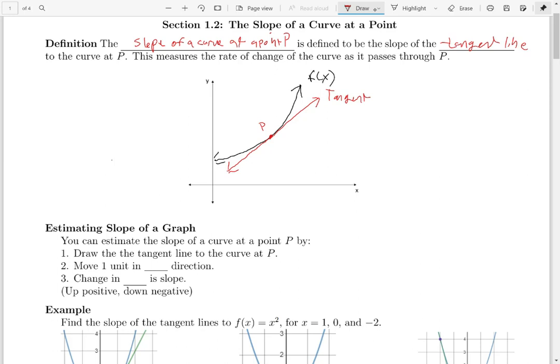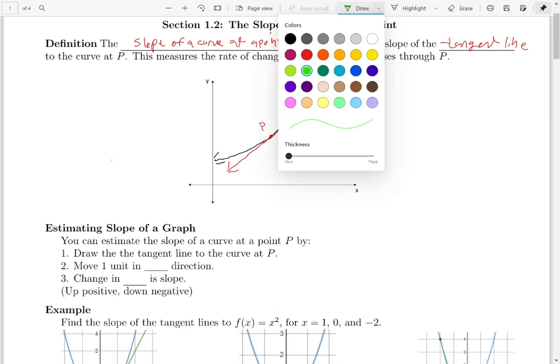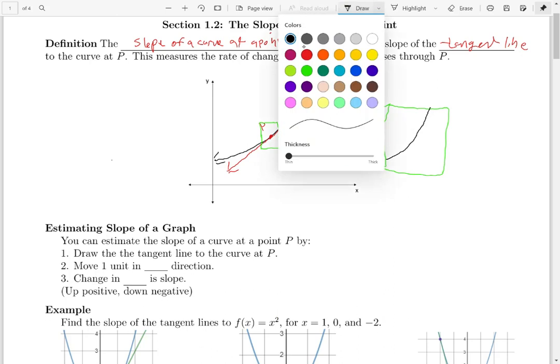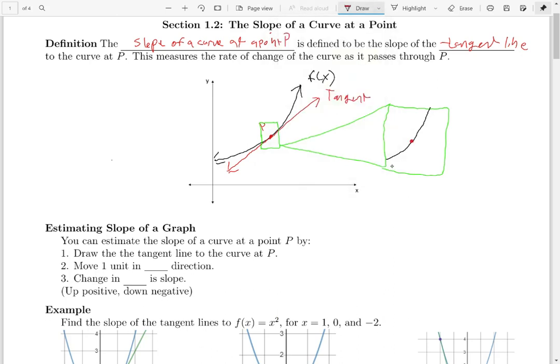Now specifically what becomes interesting here is that if you were to zoom in to this point P, the closer that you zoom in, the tangent line should almost be indistinguishable from the curve itself.